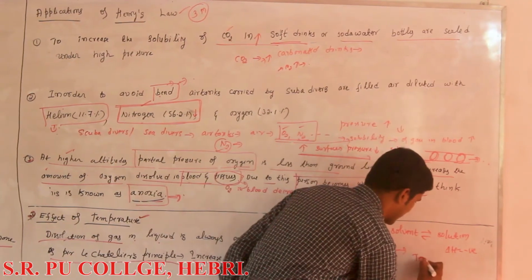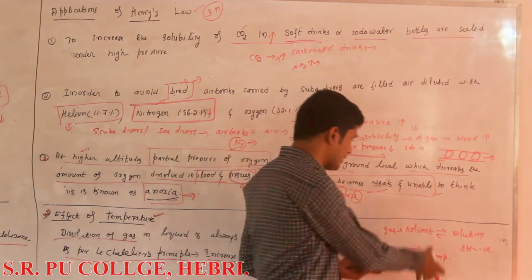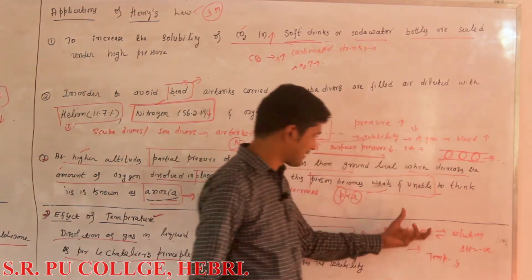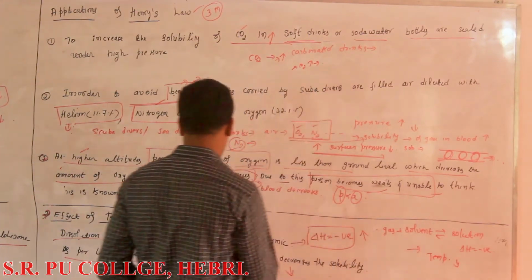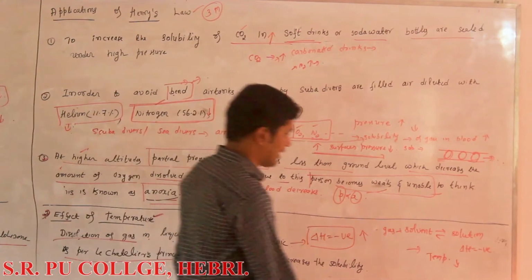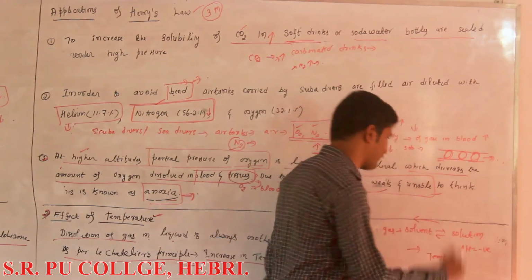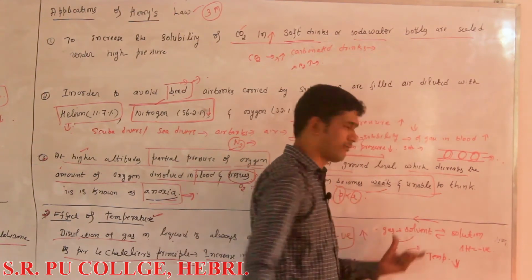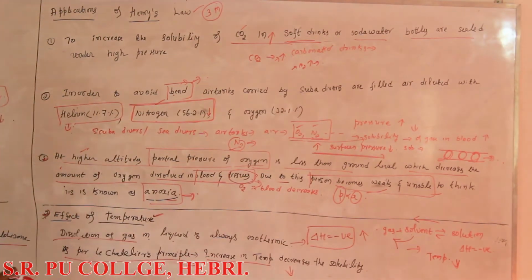When you increase the temperature, this solution system tries to decrease the temperature. You know what is Le Chatelier's principle. So now when the system tries to decrease the temperature, the backward process is favored. That means dissolution decreases, or solubility of gas in liquid decreases. So this is about the effect of temperature.